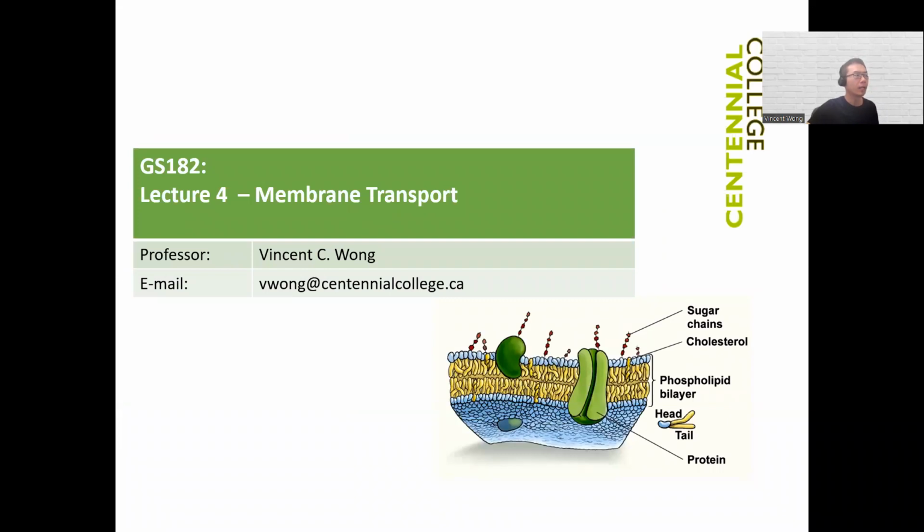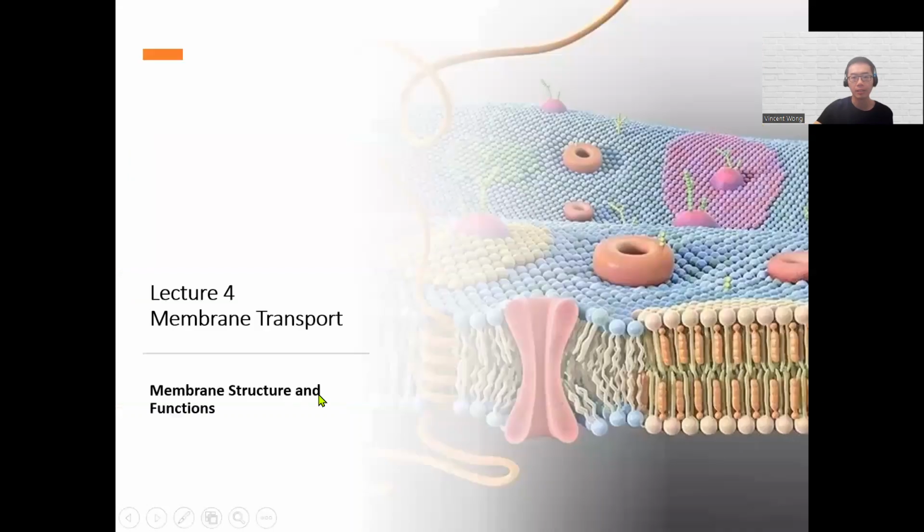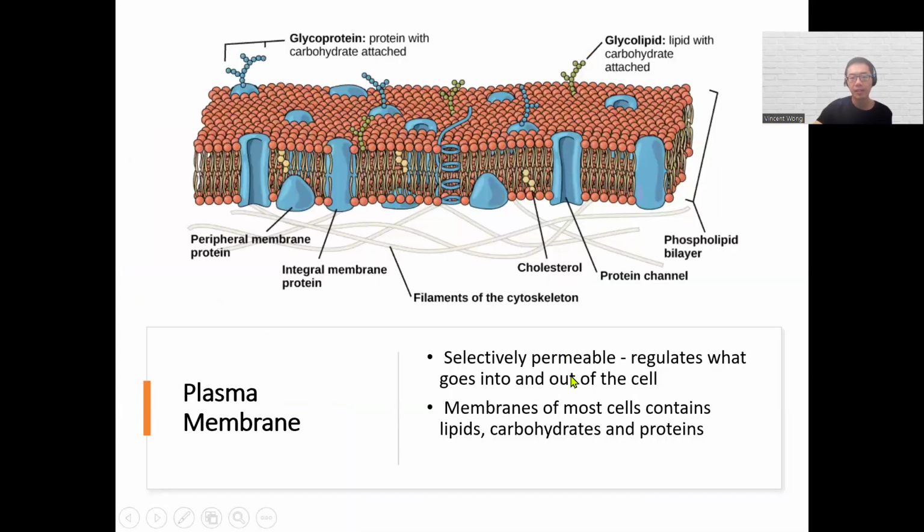It helps regulate what comes into the cell and what's leaving the cell, so we call that selectively permeable. And we know that the cell membrane is made up of mostly phospholipids, but there are other things that make up the cell membrane as well.